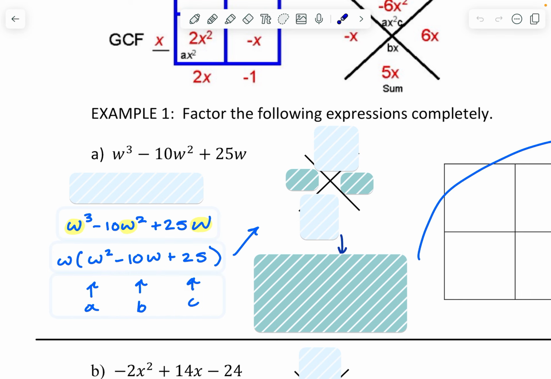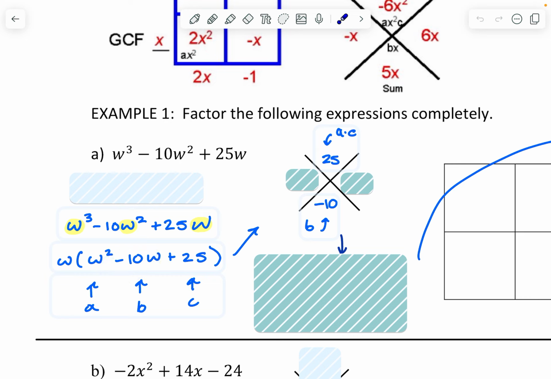So what we do, complete the x. That top number is a times c. A in this case is 1. So 1 times 25, which is just 25. The bottom number is b, which is negative 10.